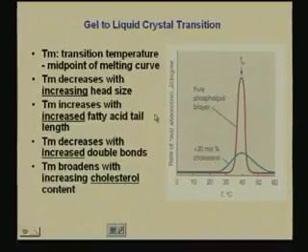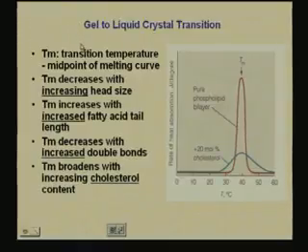Now, we speak of the gel to liquid crystal transition. What does the gel mean? The complete crystal form where all the hydrocarbon tails are perfectly oriented. We have what is called a transition temperature. What is this transition temperature?